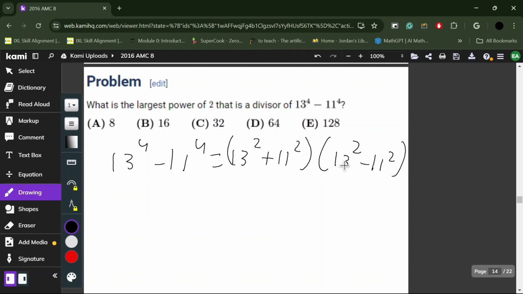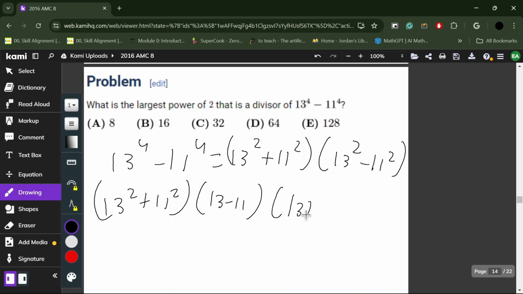And now we use the difference of two squares formula for this. We get 13 squared plus 11 squared, and we can change the other factor into 13 minus 11 and then 13 plus 11. When we do that, we get 13 squared plus 11 squared, and then that's 2, then that's 24, right?